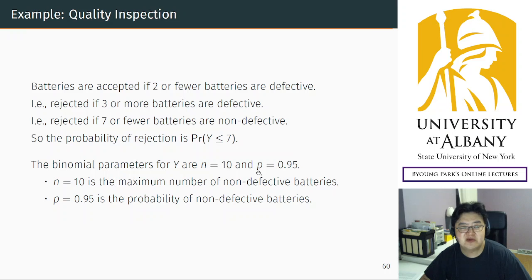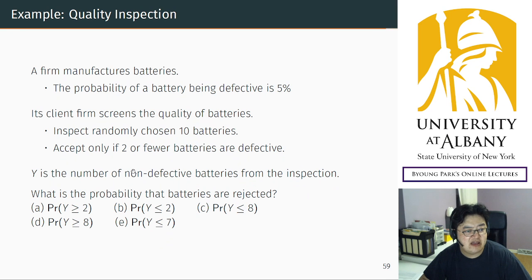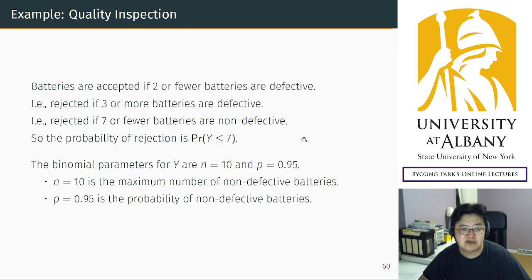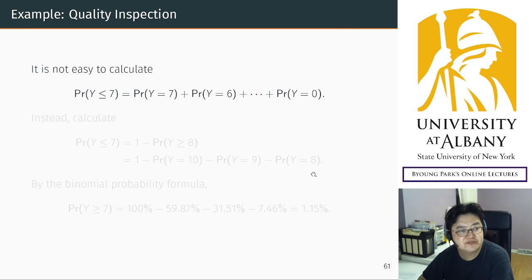And then the probability of success. If you define Y this way, success is non-defective battery. So battery is defective with 5%, then battery is non-defective with 95%. So it is 95%. So you should be careful in the parameters.